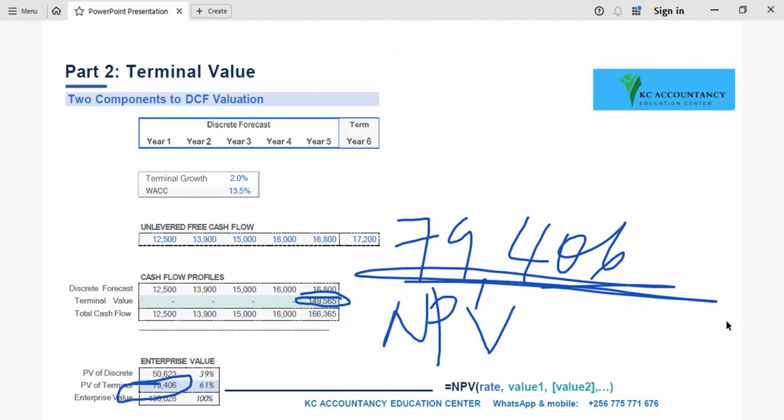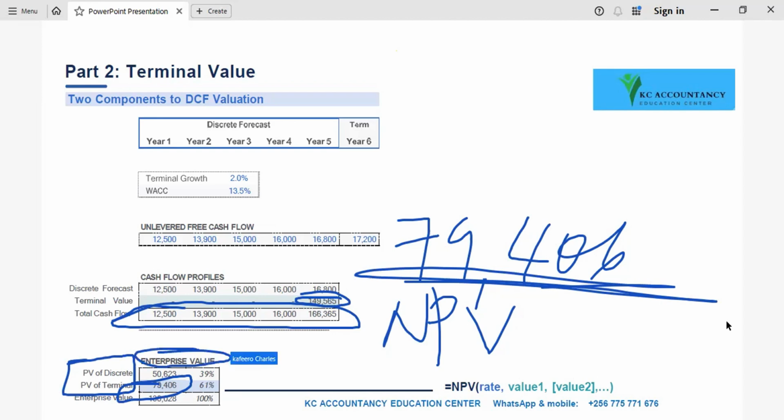With the NPV, you put in all these values here. These results here are the present values. So when we sum up the present values for the discrete plus the present value for the terminal, we get what we call the enterprise value.